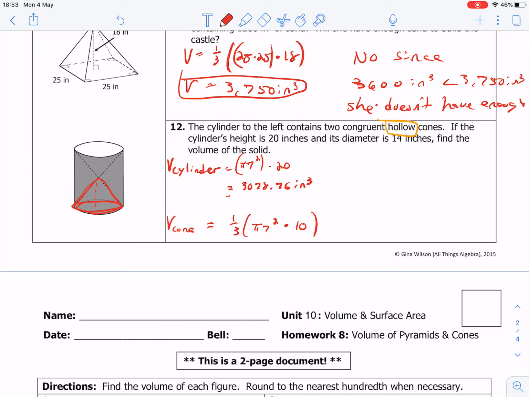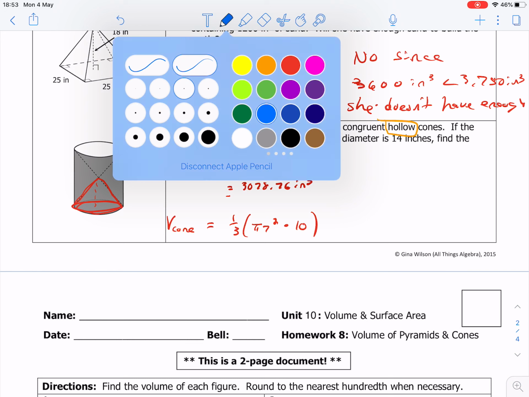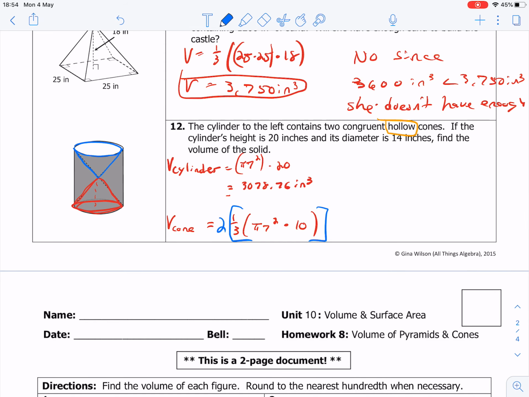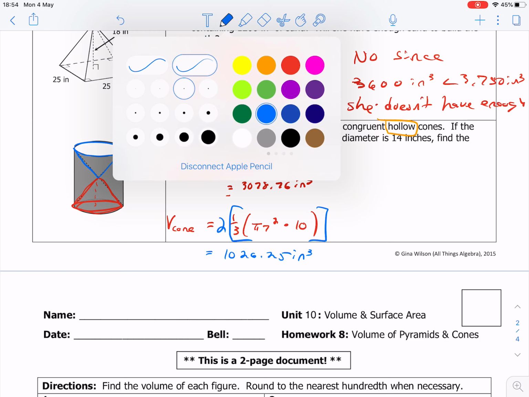Okay, so that is going to be 1 cone. Remember, we wanted the volume of 2 cones, and these 2 cones are the same. You can see that. So we just multiply by 2. And that's going to give us 1,026.25 inches cubed.